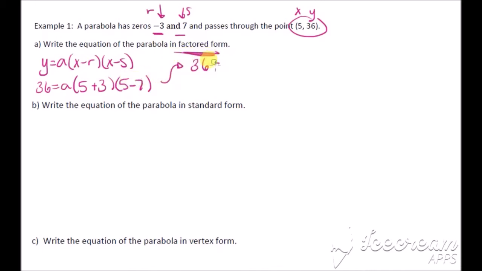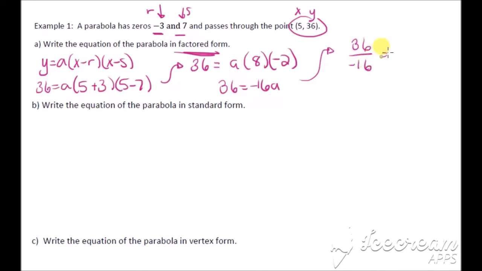So I get 36 equals a times 8 and then -2, which is -16. So we have 36 over -16 equals -16a over -16. If we reduce that, we get -9 over 4. So a equals -9 over 4.